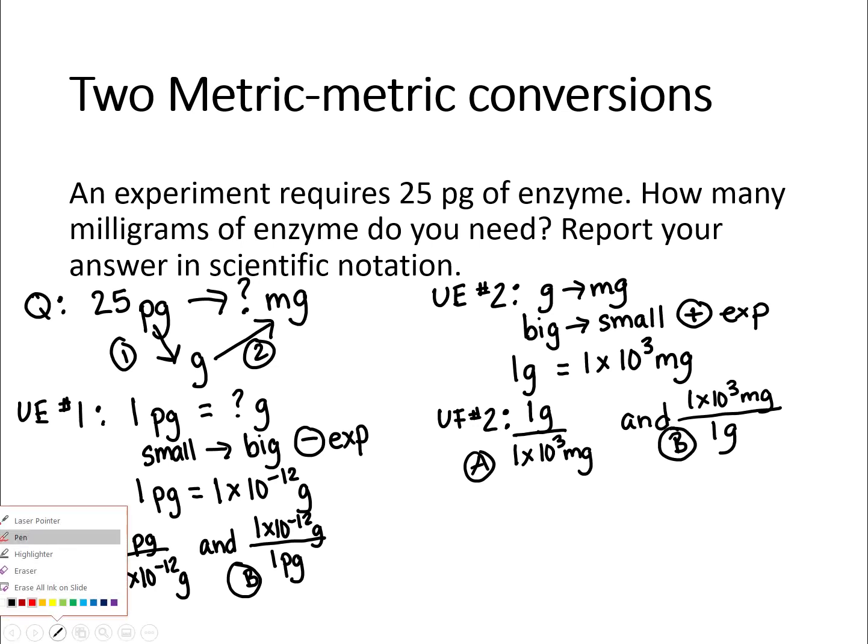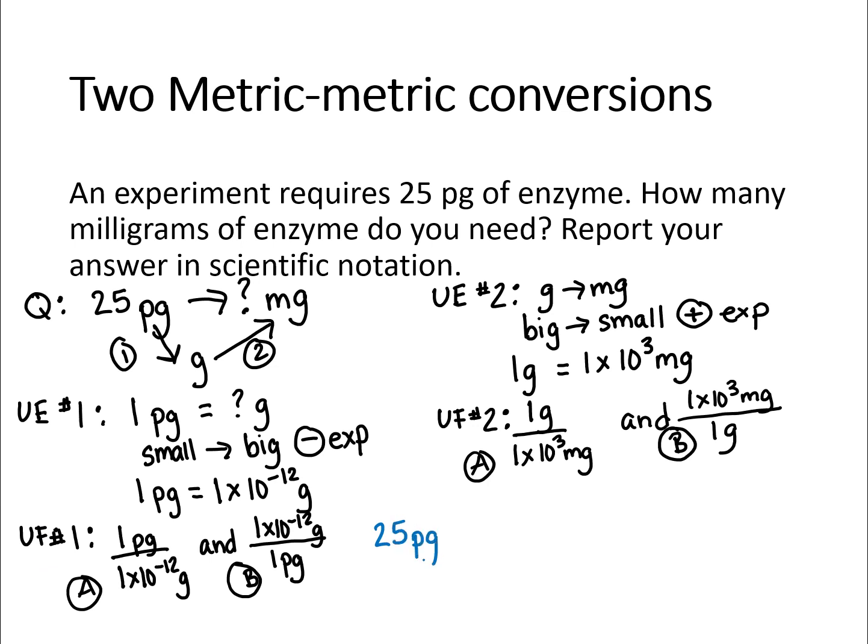I need some color in my life, so we're going to go for some blue. Let's write out the equation we're going to use. We're starting with 25 picograms. Now we need to choose A or B from our first set of unit factors. So which one am I using? Right.